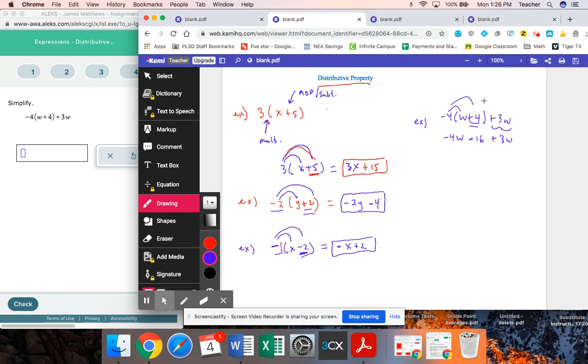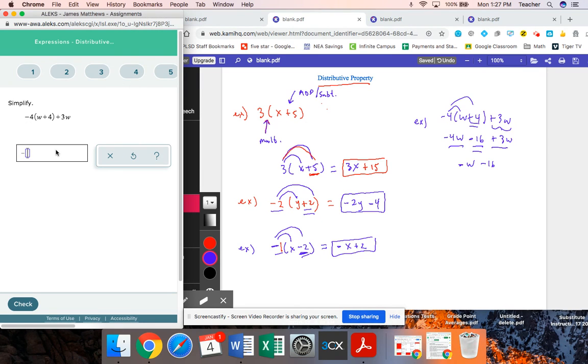So I did the distributive property to take care of this piece, but I still had another piece, and look, I can combine like terms. I have a w term and a w term. I have negative 4 plus 3, that's going to leave me with a negative 1w, and then I still have this minus 16. So unless I made a simple mistake somewhere, we should be good to go.